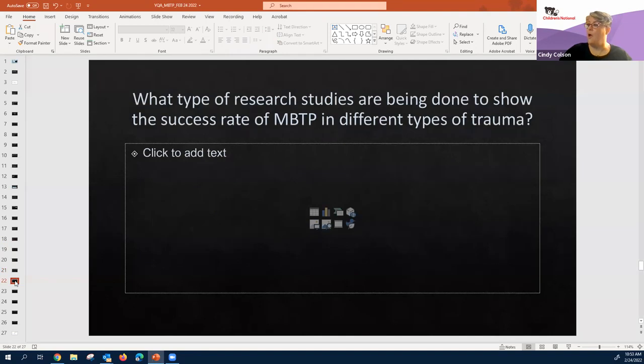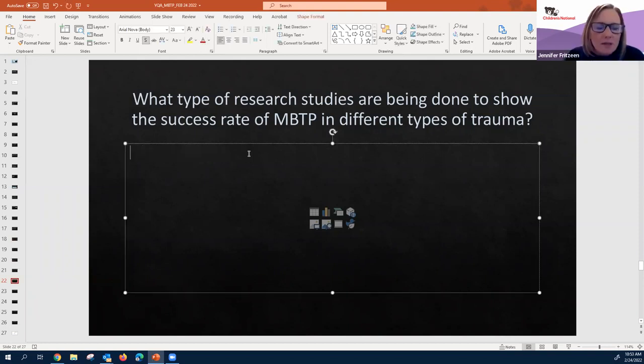What type of research studies are being done to show the success rate of MBT in different types of trauma? Most of the research that we see in MBTP is adult research. It all started with the military. There is multi-center peds research that is being done, and so it will be out.